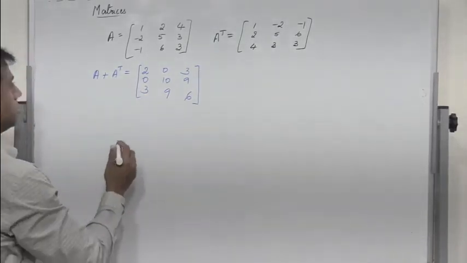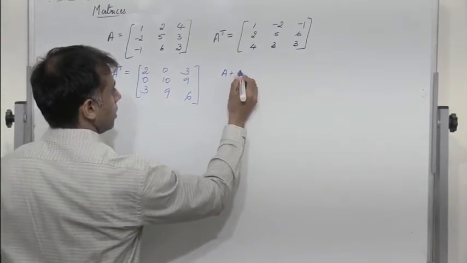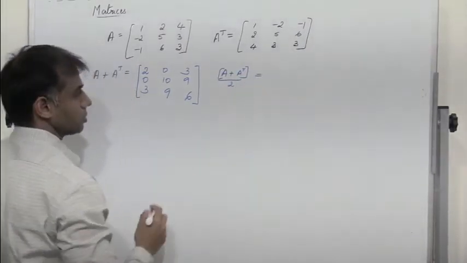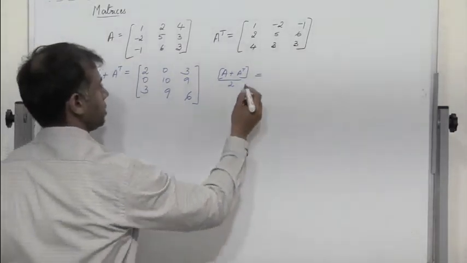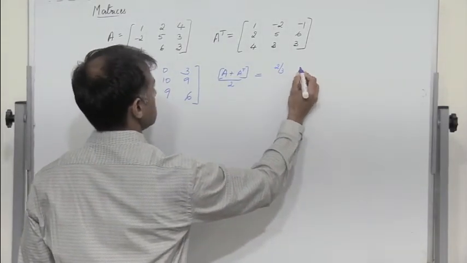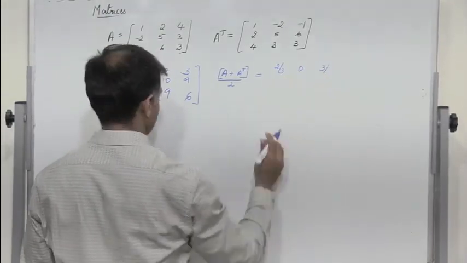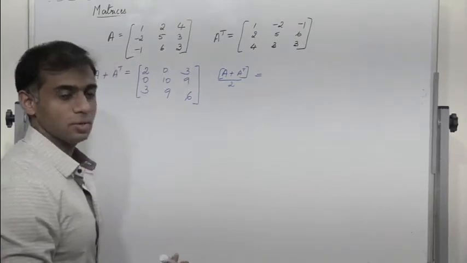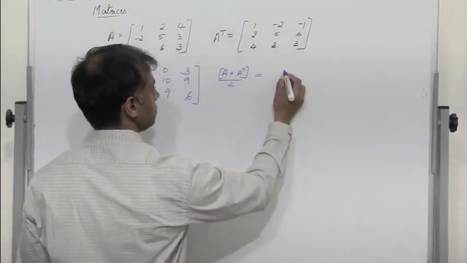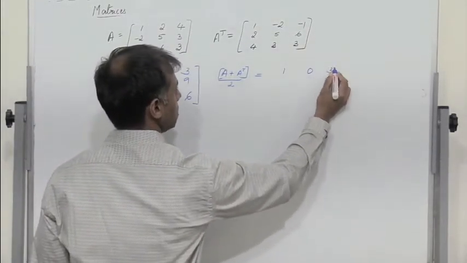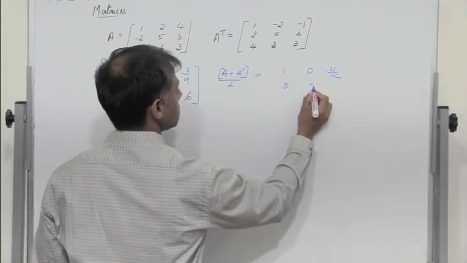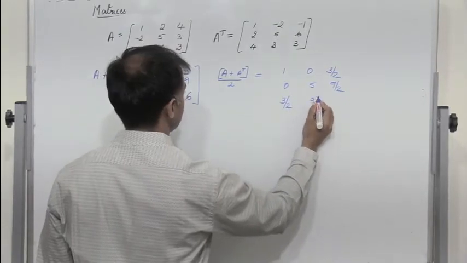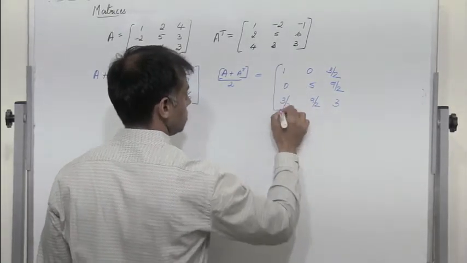So next, I do A plus A transpose by 2. Therefore we get 1, 0, 3 by 2, 0, 5, 9 by 2, 3 by 2, 9 by 2 and 3.